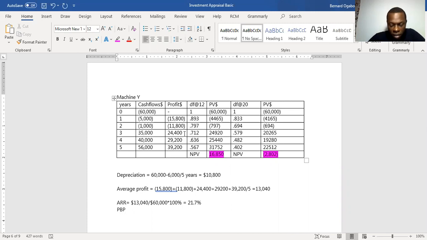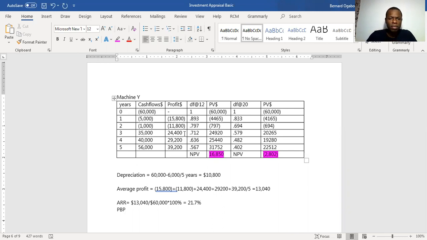By year three, I still have 3,200 negative. By year four, I have 26,000 positive.